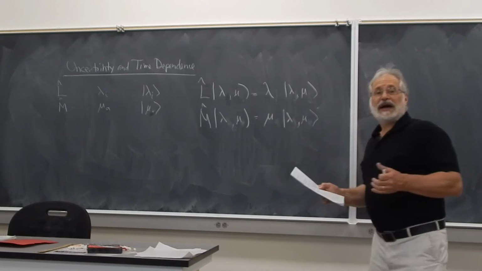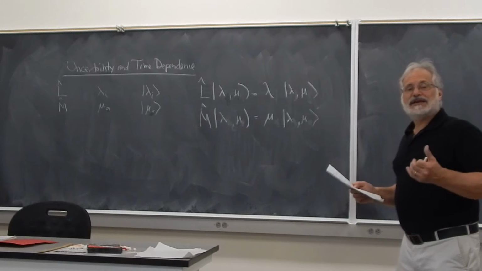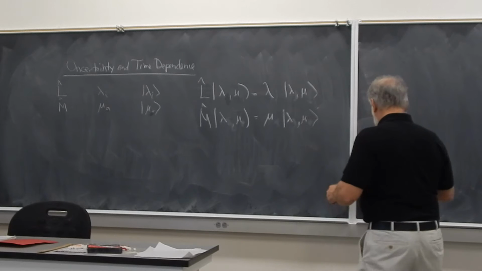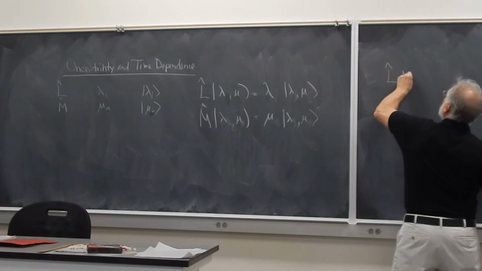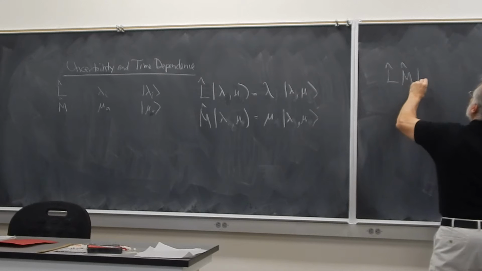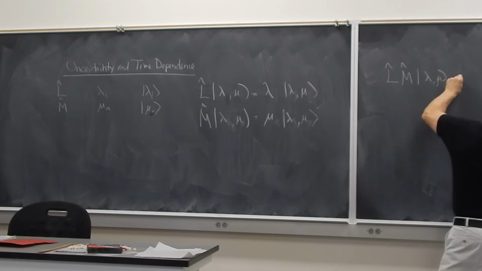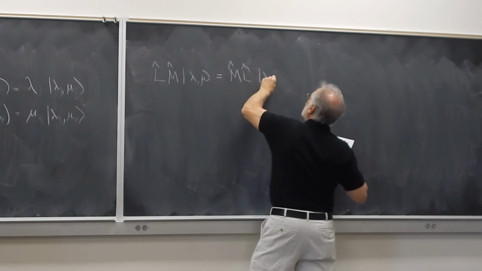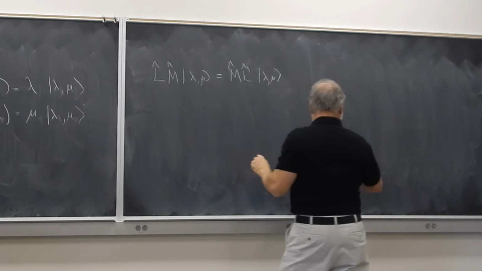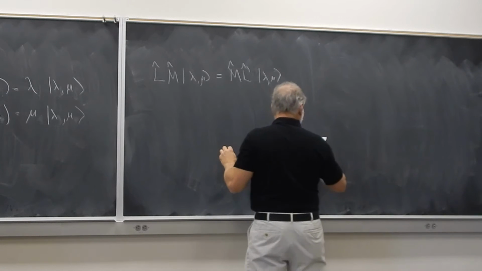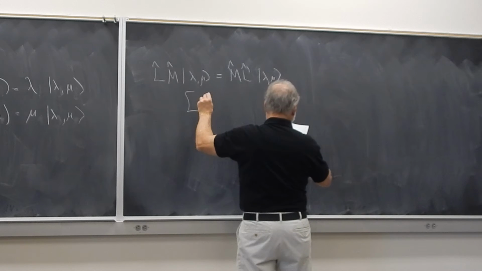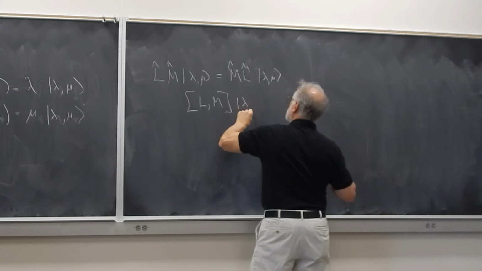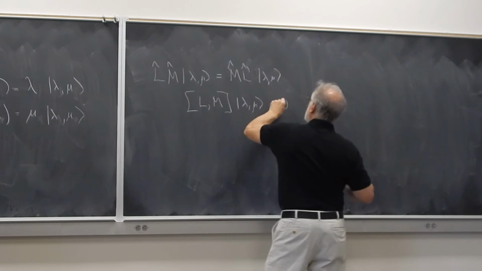Now, in order that they be simultaneous eigenstates of both operators, it must be that L and M commute. That is to say, L and M operating on lambda and mu must be equal to M, L operating on lambda and mu. Or in commutator language, the commutator of L and M acting on lambda mu must be 0.